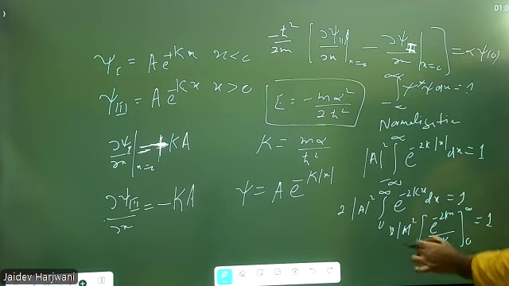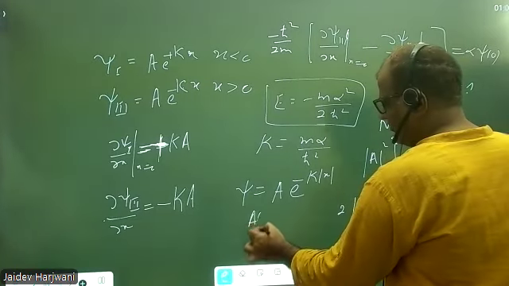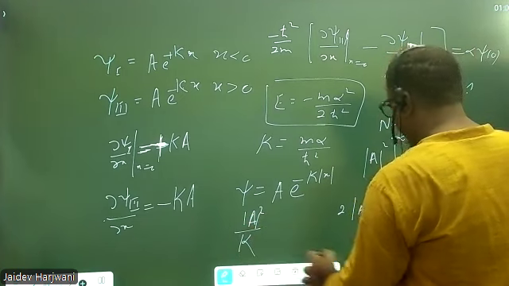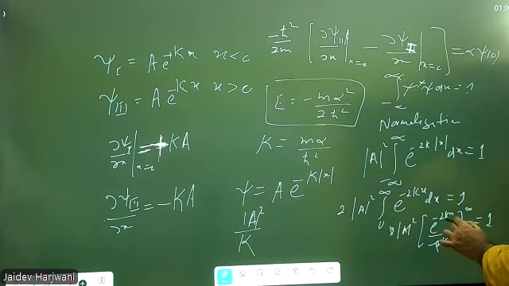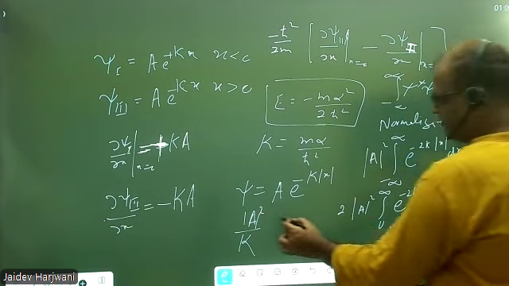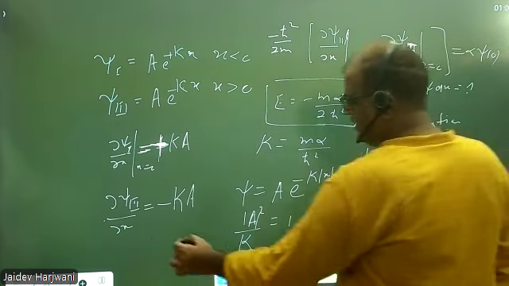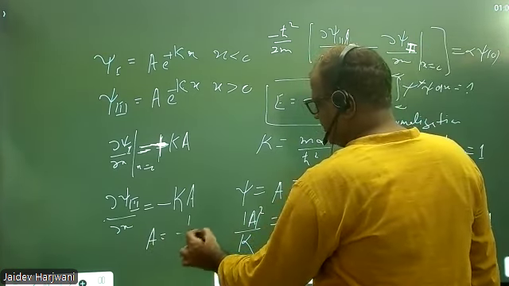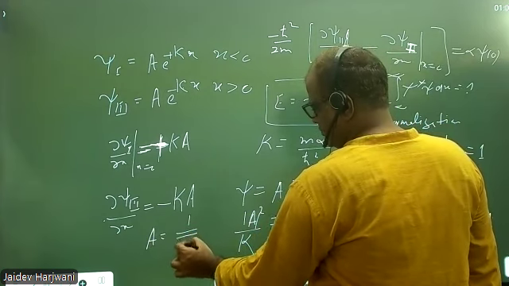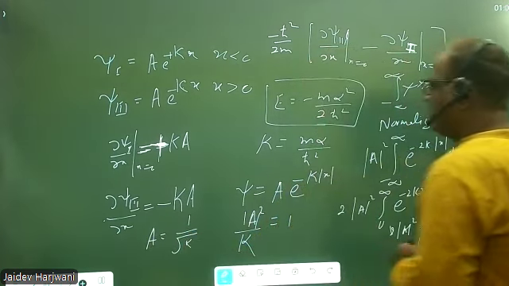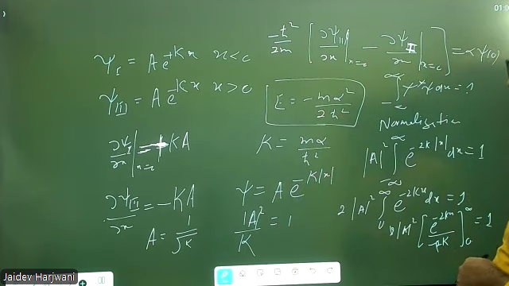So 2 cancels, and I put the limit here. So this is mod of A square upon kappa. If I put 0 here, 1, infinite 0, so this is 1 equal to 1. So my A will be now 1 upon root kappa. This is my kappa value.